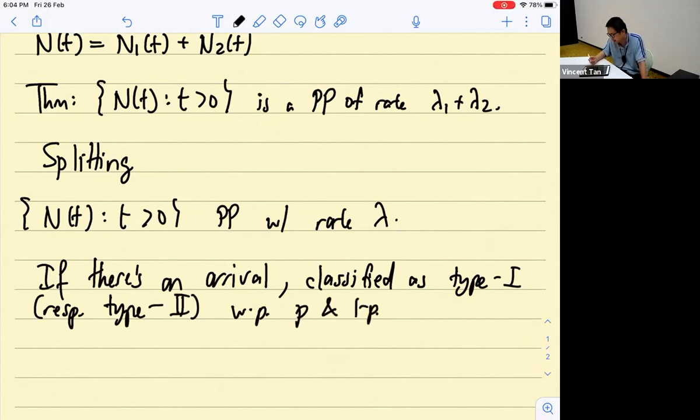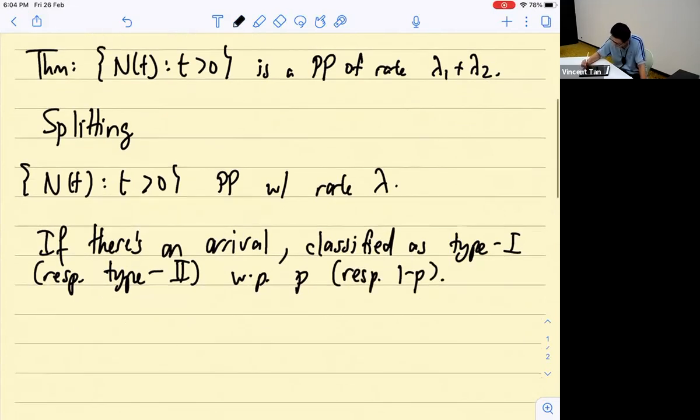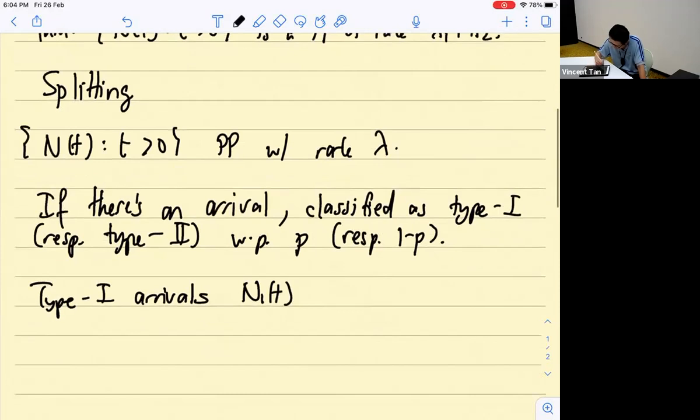This classification into type 1 and type 2 is independent of the Poisson process. If we collate all the type 1 arrivals into a counting process, we call it N1(t), and the type 2 process is N2(t).